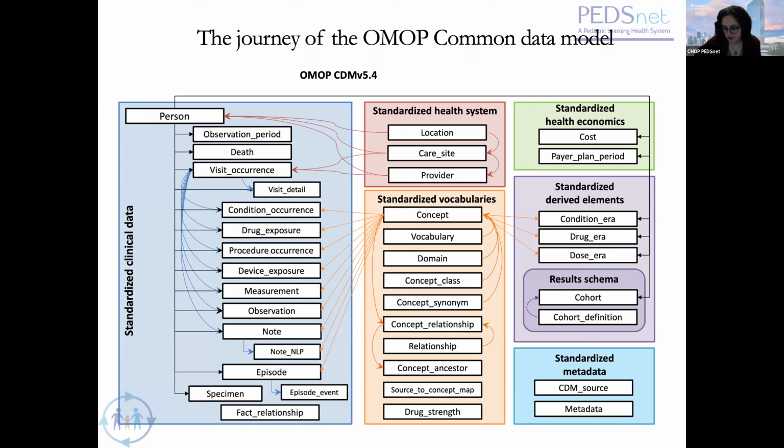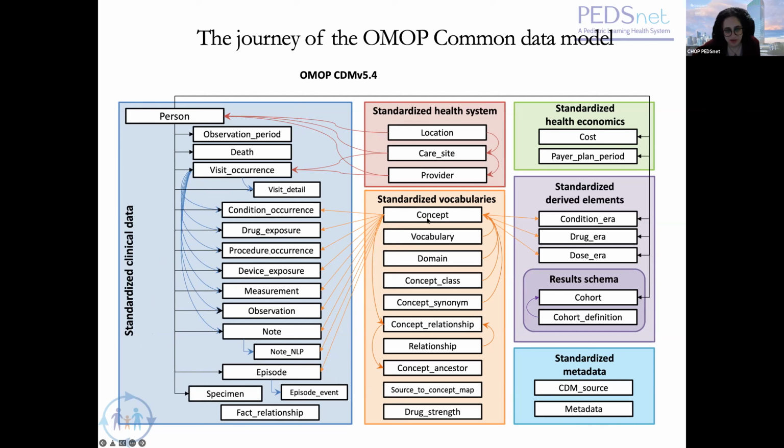So this provides an overview of the OMOP Common Data Model, taken right from the Odyssey website. The left box represents standardized clinical data. So all of the conditions, drugs, procedures, devices, measurements, and the vocabularies all flow into these tables because they're all standardized to a particular vocabulary.